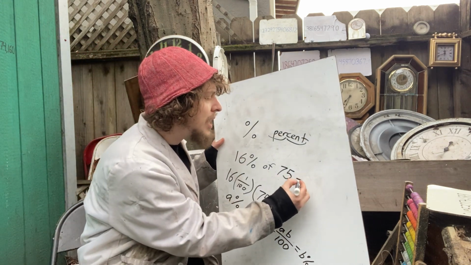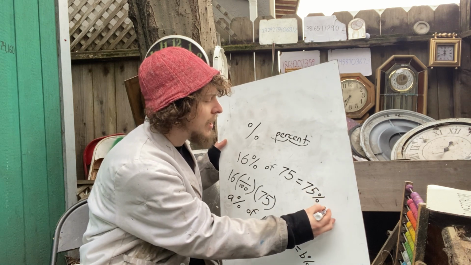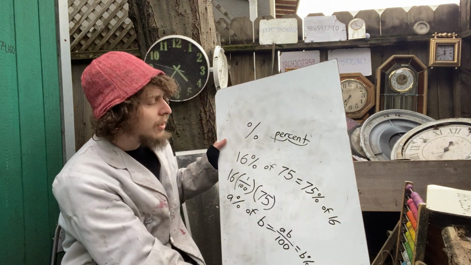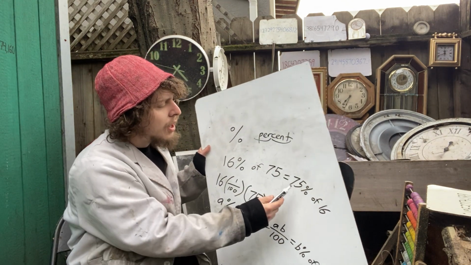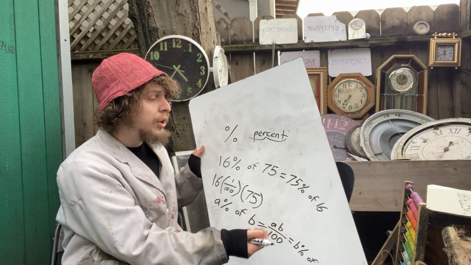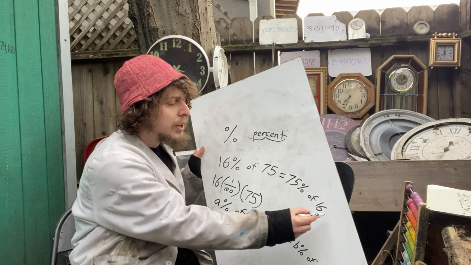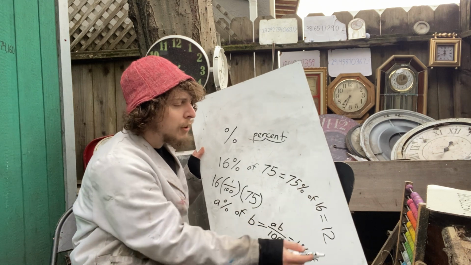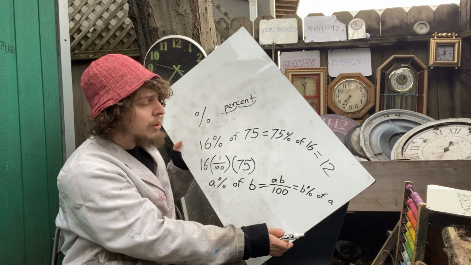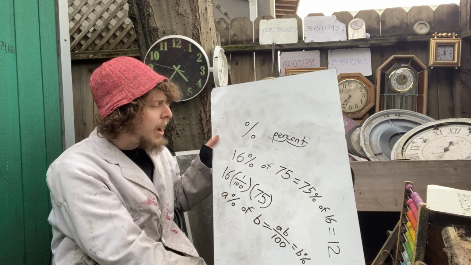But it's going to be the same as 75% of 16. And that's a lot easier to calculate. We know 75% means 3/4, and 3/4 of 16 would be 3 times 4, or 12. And that 12 we get by solving 75% of 16 would also give us the answer to 16% of 75.